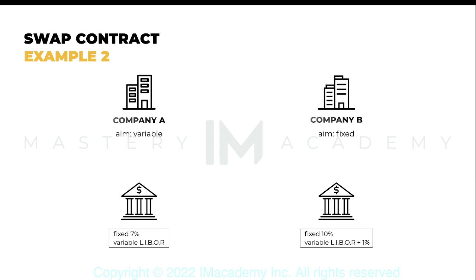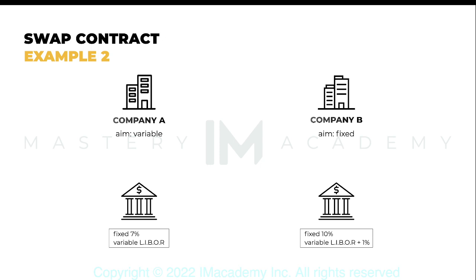So again, they have two options for company A: a fixed rate of 7% or a variable rate of LIBOR. LIBOR, let's remind ourselves, is a variable rate set by the banks between themselves that fixes the variable cost of borrowing.